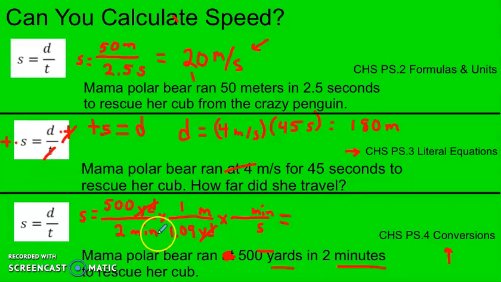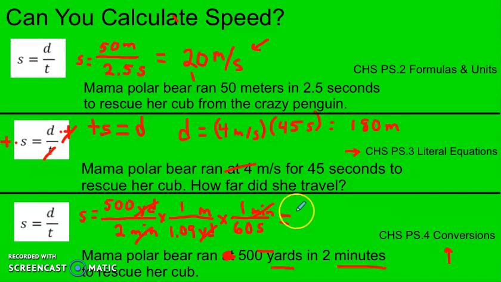But in this particular one, you also had to convert minutes to seconds. So you do the same exact thing. You multiply by however many seconds are in a minute, which you probably know. There are 60 seconds in 1 minute. So that means you can cancel out the minutes, and the only thing you are left with as far as units is meters per second.